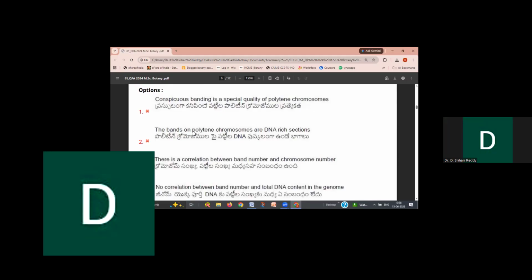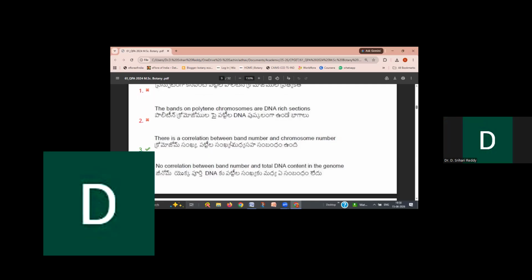The bands on polytene chromosomes are DNA rich sections. That is also a right statement. We see the bands wherever DNA is very rich. And the third one says there is a correlation between band number and chromosome number. So this is the wrong statement.